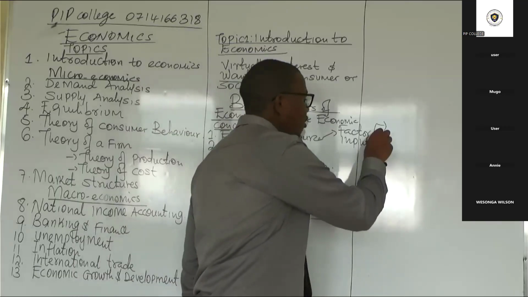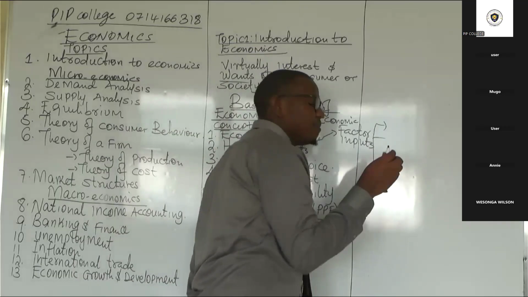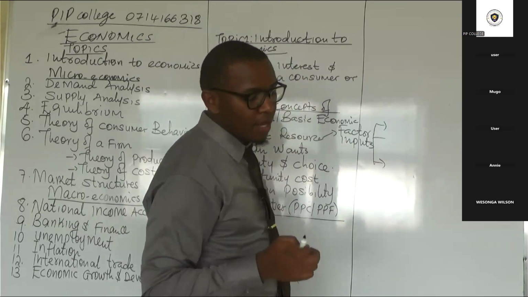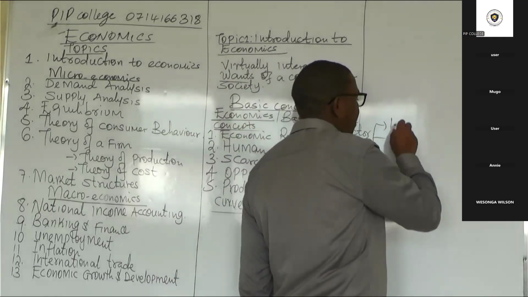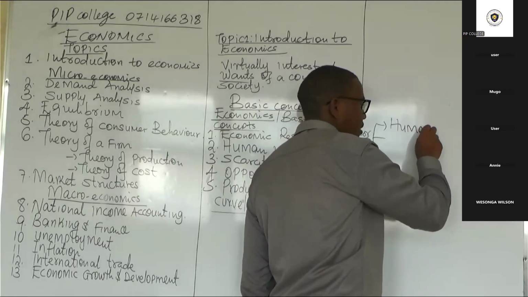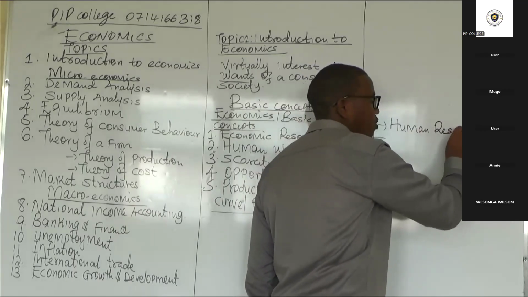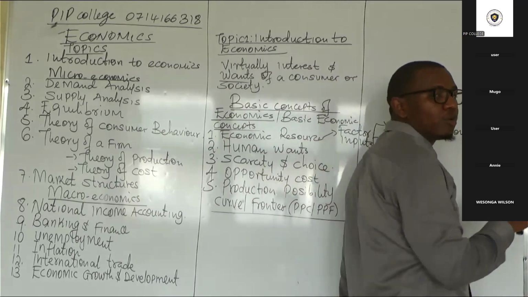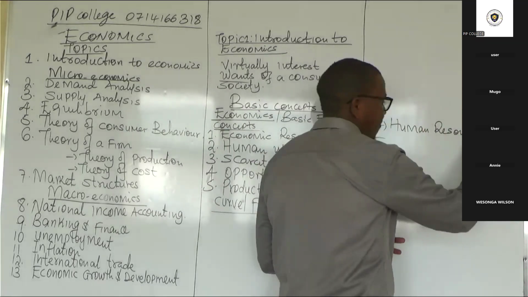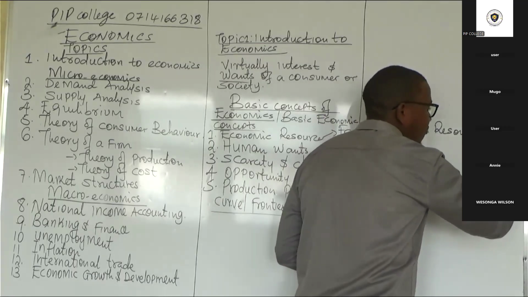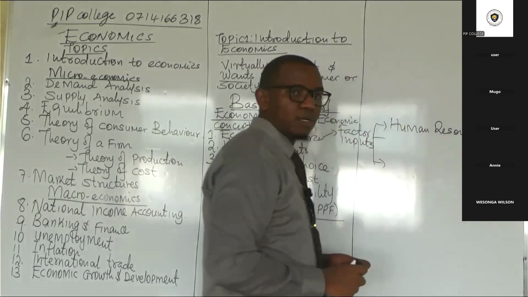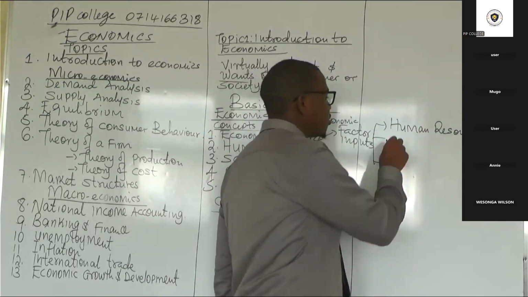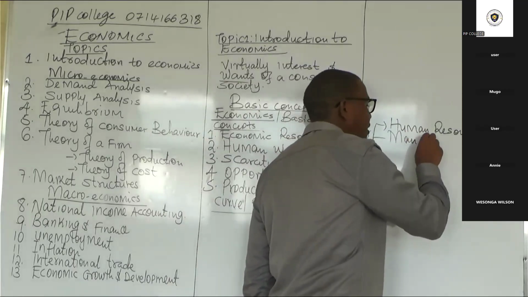Now, when I talk of these economic resources, let me just explain further. We have what we call the human resource. When we talk about the human resource here, we are generally talking about labor, which is a factor of production. So we'll also talk about the man-made resource.